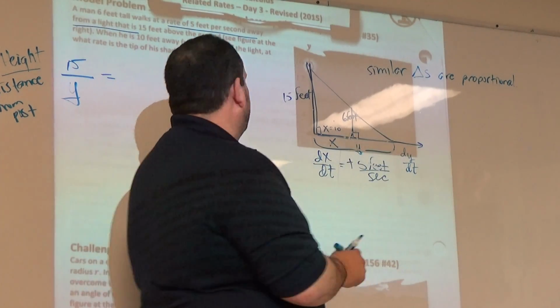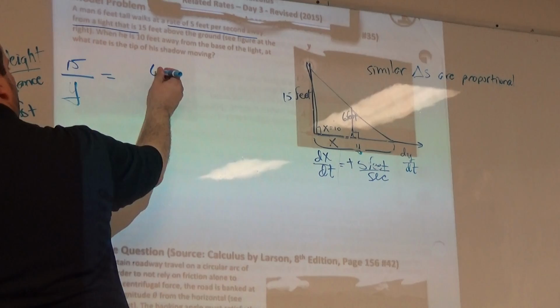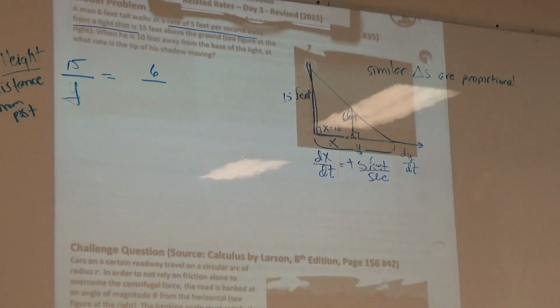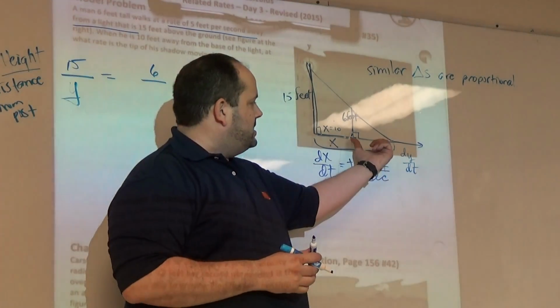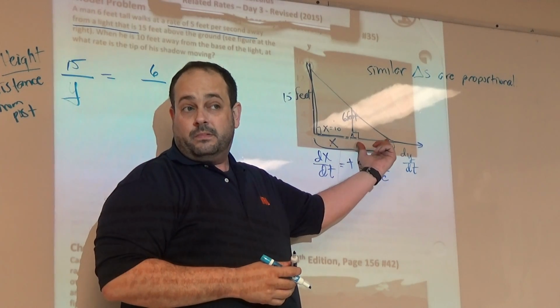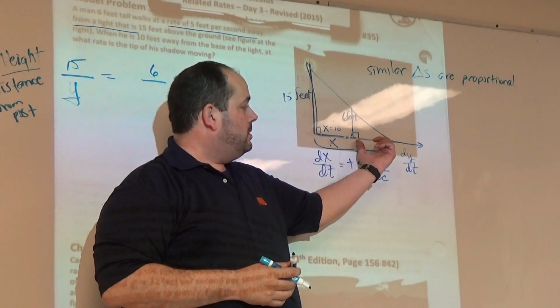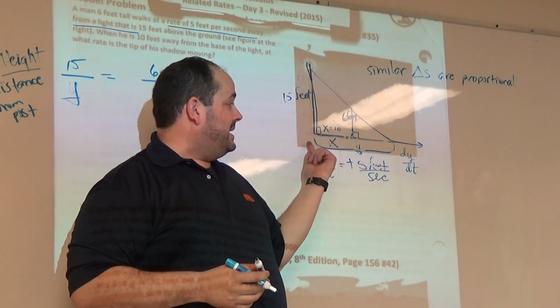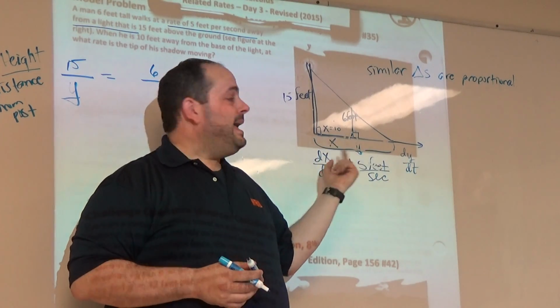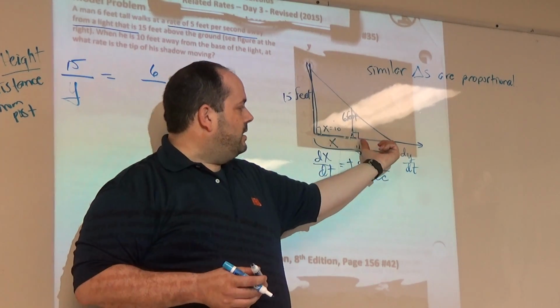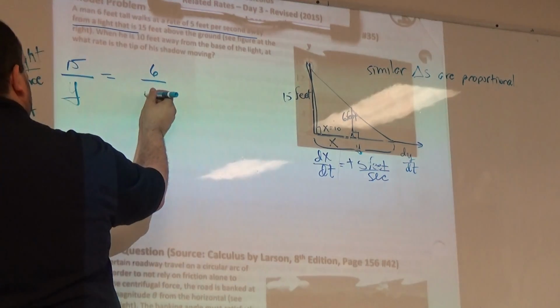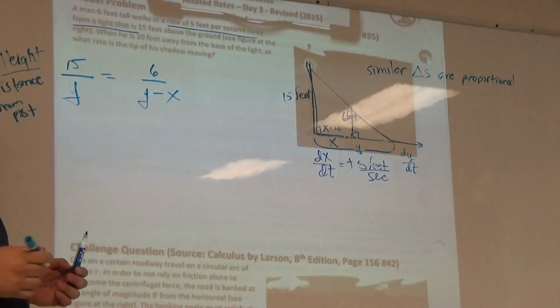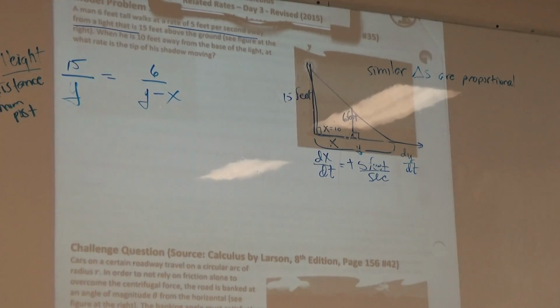The small triangle, now we're talking about the man, his height's going to be 6. And this piece over here should be y minus x. y is that whole length, x is this piece over here. So this piece that I need is 6 divided by y minus x.